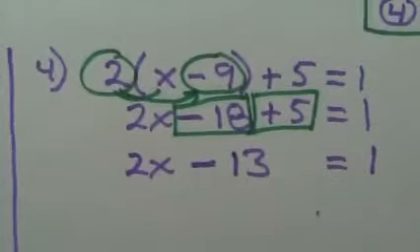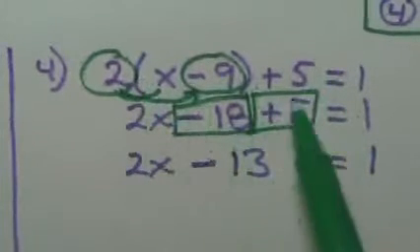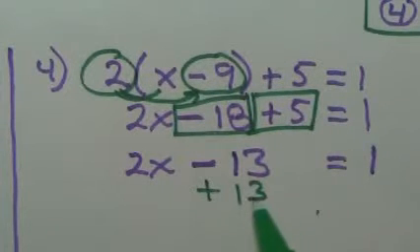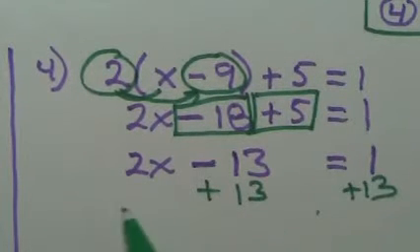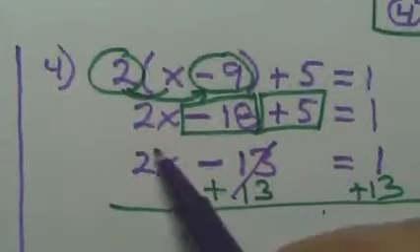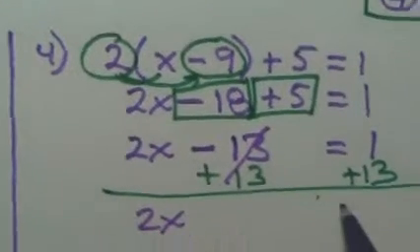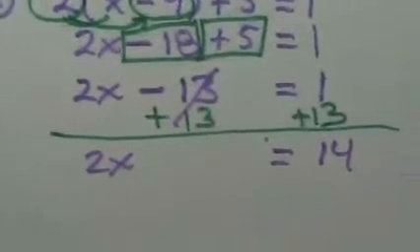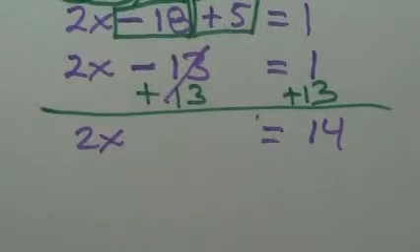Okay, now we have a two-step problem. We did distributive property. We did like terms. Now let's go ahead and I will add 13 to get rid of the constant. That's gone. You have 2x equals 13 and 1 makes 14. You probably see your answer right now.